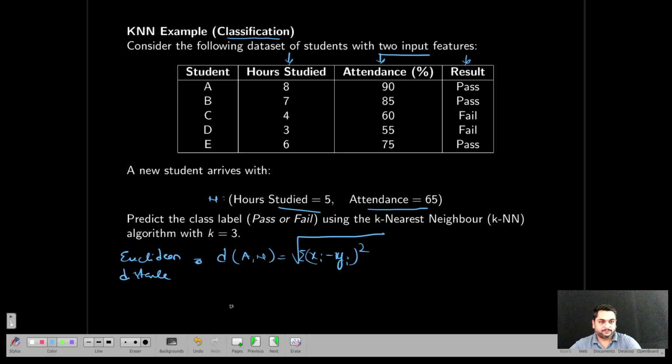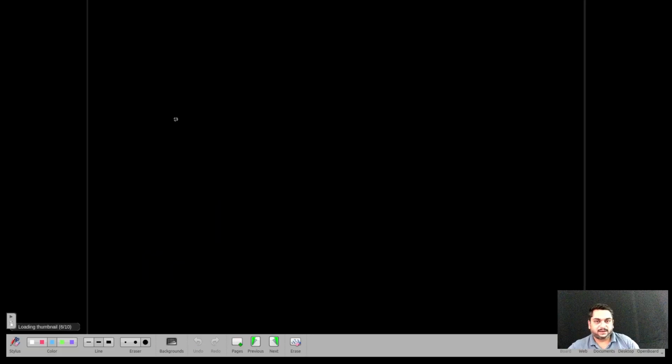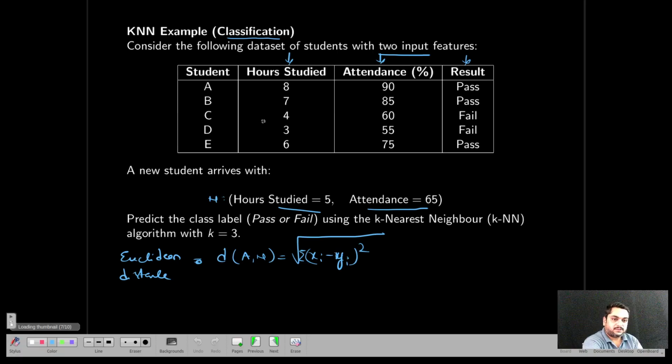Now let me write the distances. With respect to A, if I calculate, I will get this distance as square root of, I am doing it for this feature plus this feature. That is the summation for all the dimensions. So here it is 8, 5. Here 65, 90.